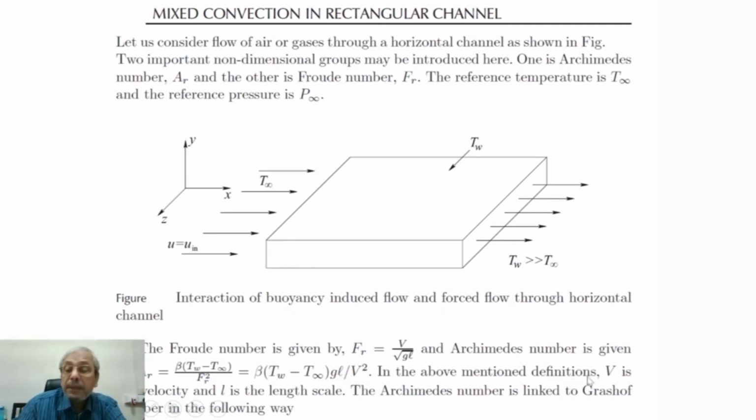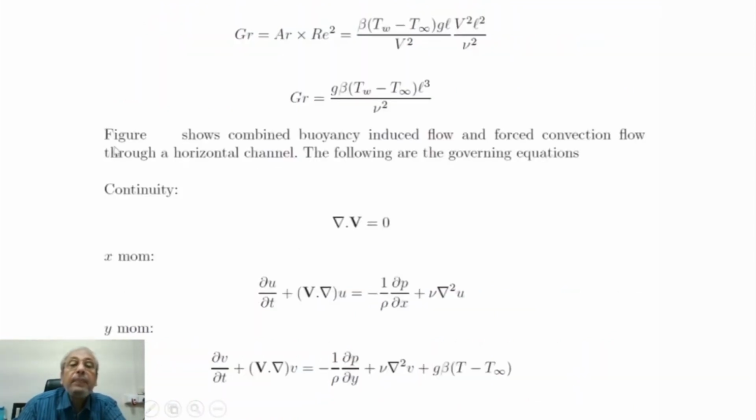In the above mentioned definitions, V is the velocity and L is the length scale. The Archimedes number is linked to the Grashof number as well, and we can write the Grashof number is the Archimedes number into the Reynolds number squared. So we write the Archimedes number beta (Tw minus T infinity) gL by V square, and the Reynolds number square is V square L square by nu square.